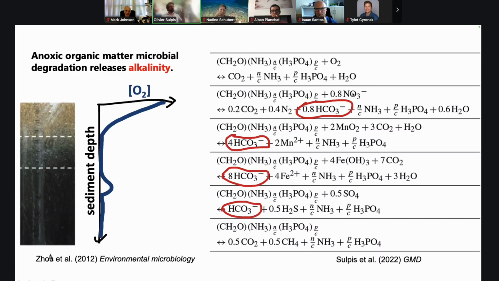But when they use nitrate or manganese or iron as a way to get their electrons, they are actually releasing alkalinity. And they can release quite high amounts of alkalinity, even so that if we were to do a depth profile of the pH, we would see an increase in the area where the microbes are respiring this organic matter without oxygen. This can eventually slow down the dissolution of calcium carbonates that would be buried in this pile, and it could even trigger their precipitation.